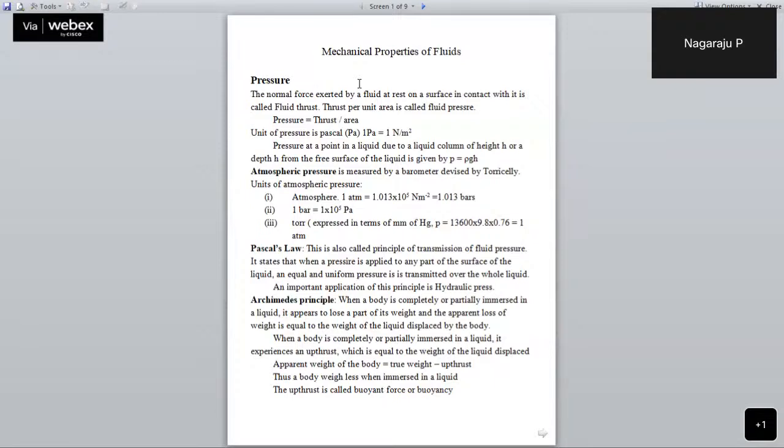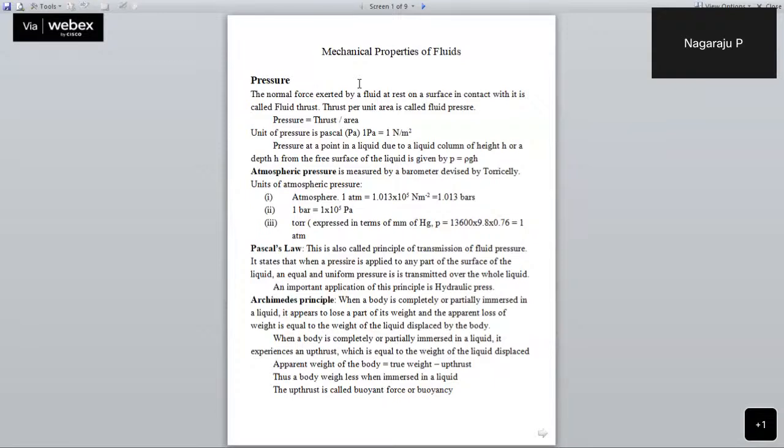But in general, we define the pressure as p is equal to F by A, that is the force by area. Force is in Newton and area is measured in meter square. Here, with respect to the fluid, instead of force by area, we write it as thrust by area.